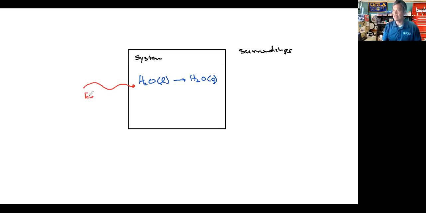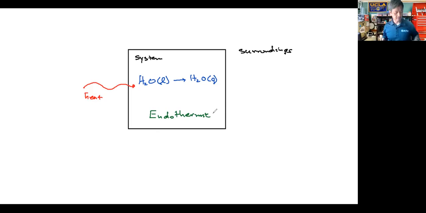If you're adding heat to your system, then the system is going to undergo an endothermic process.